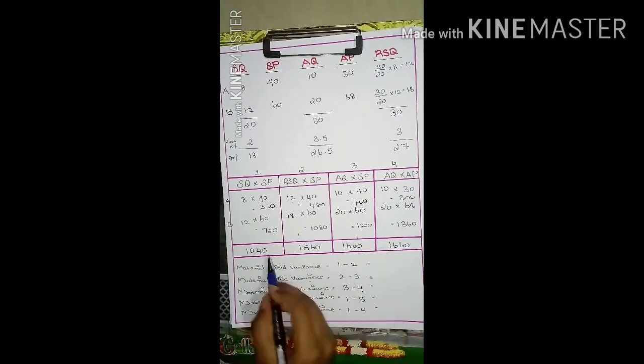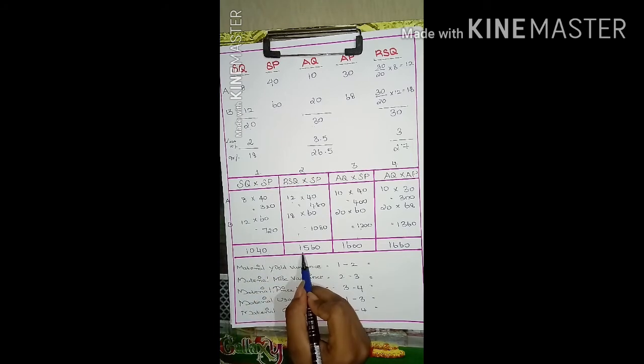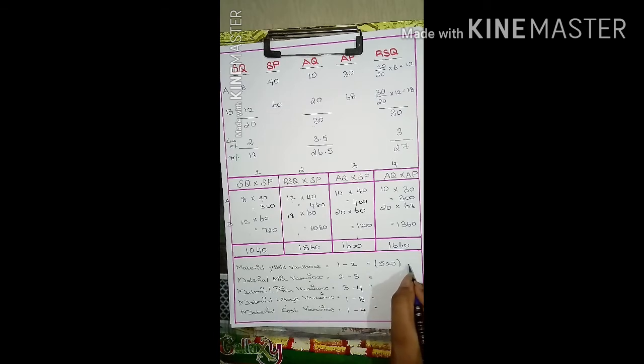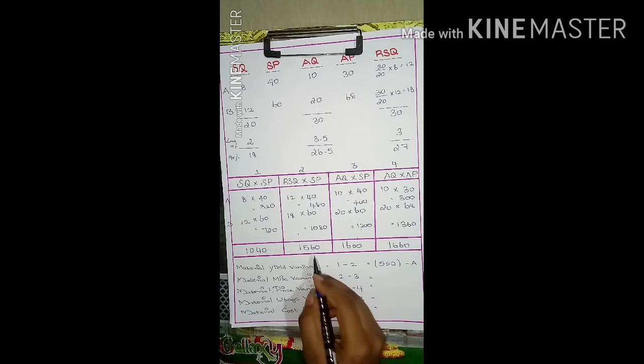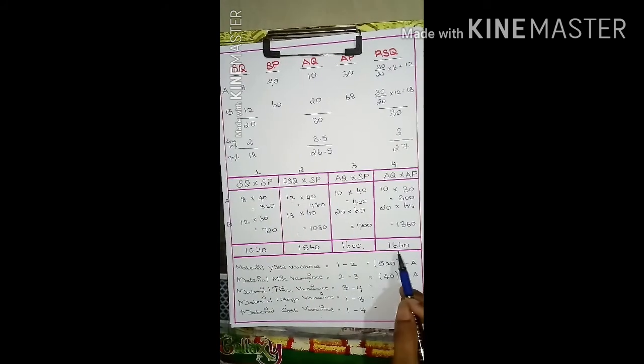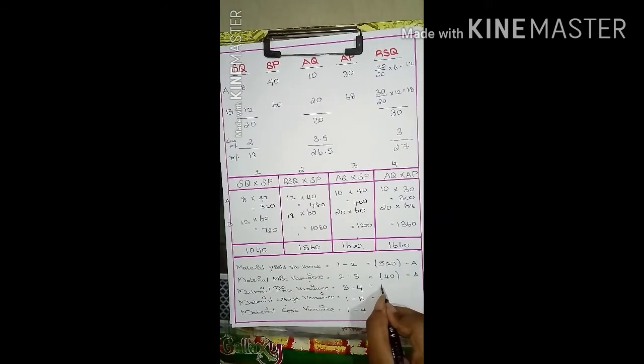When you subtract 1 minus 2, that is 1040 minus 1560, the difference is 520 negative, that is adverse. Then 2 minus 3, 1560 minus 1600, it's negative 40, adverse variance. Then 3 minus 4, 1600 minus 1660, it's negative 60, it is also adverse.